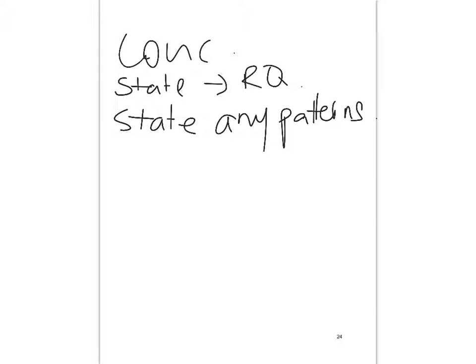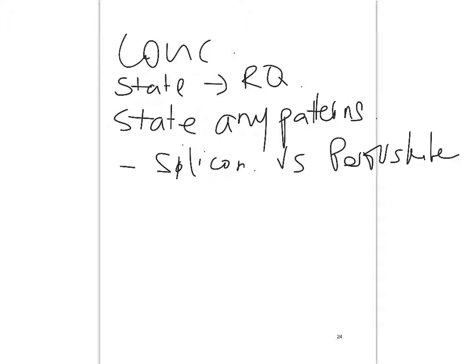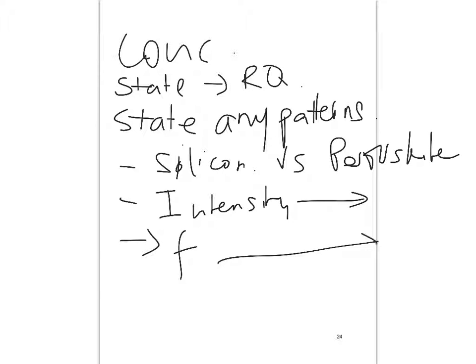So you should have, in terms of your solar cell, silicon versus perovskite, with intensity, this is what happens. With frequency, this is what happens. Which one wins? Okay, and your evaluation we'll talk about tomorrow once you've done everything else.